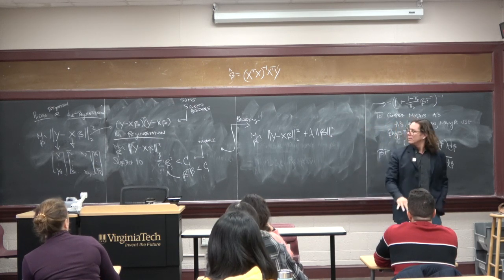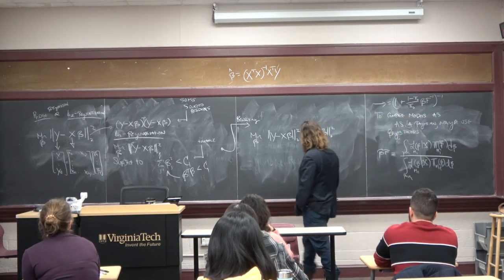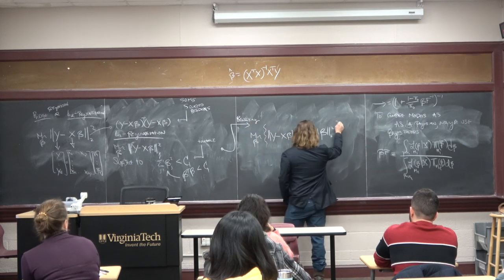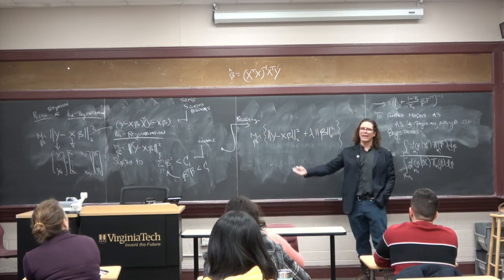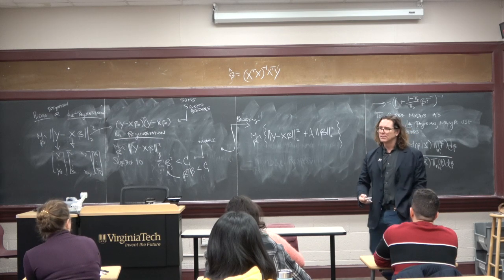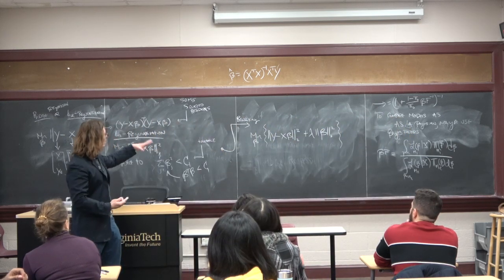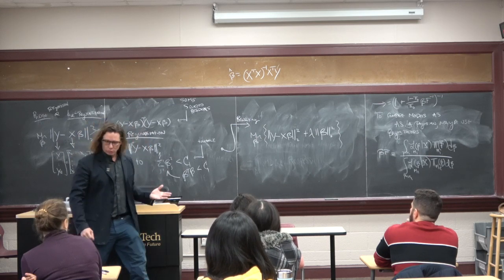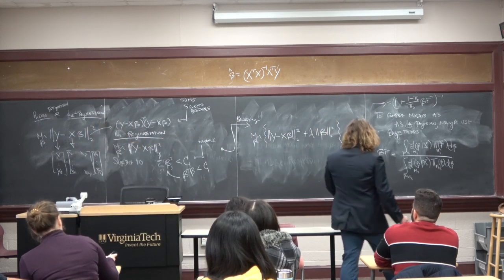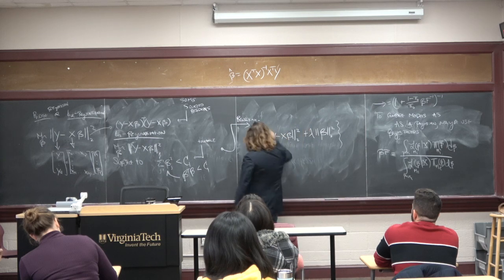So I want to minimize this thing. How did I rewrite that? What did I do exactly? Optimization. What is this technique called? This is the Lagrange multiplier. This is the Lagrange relaxation.